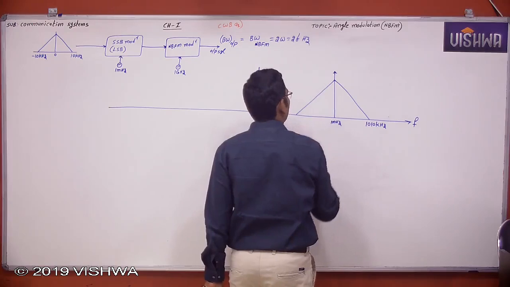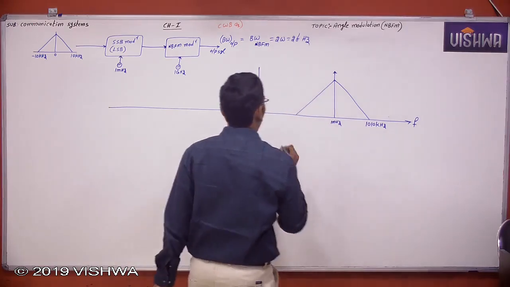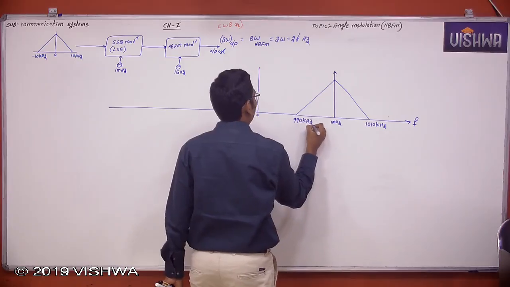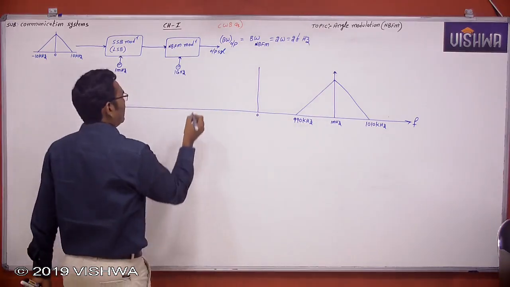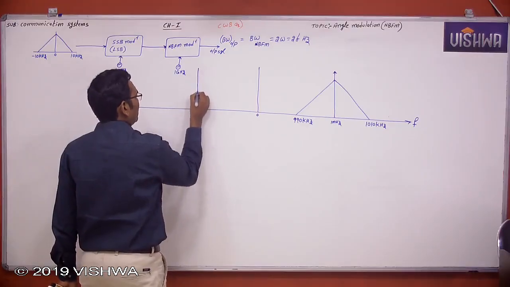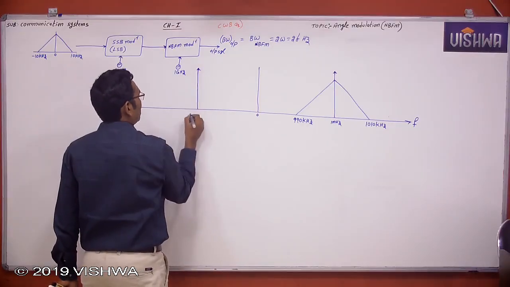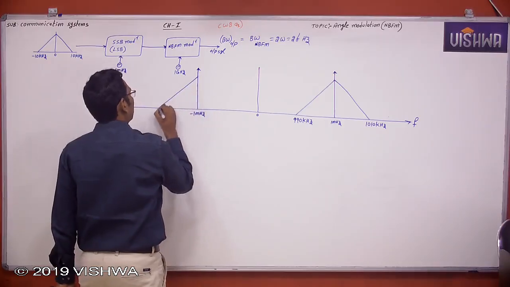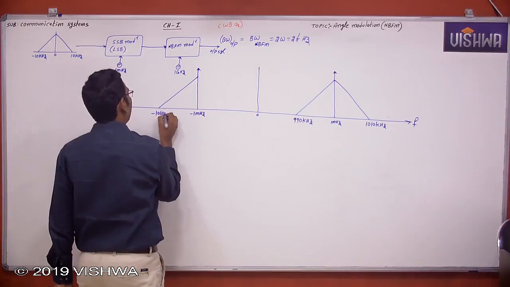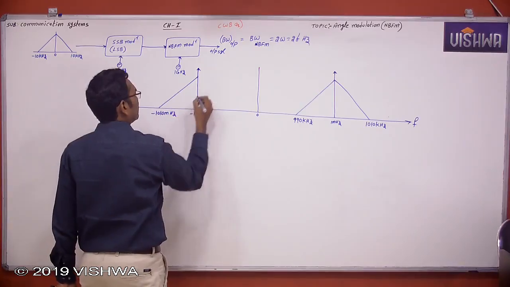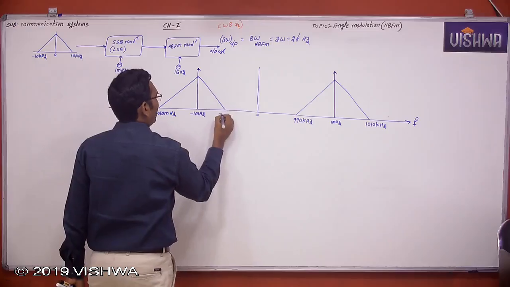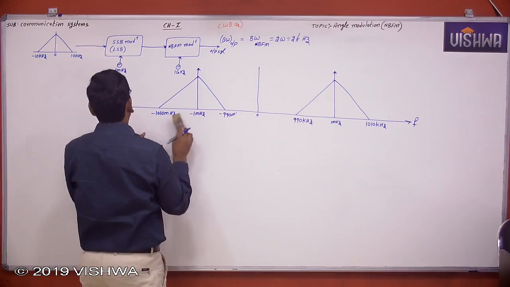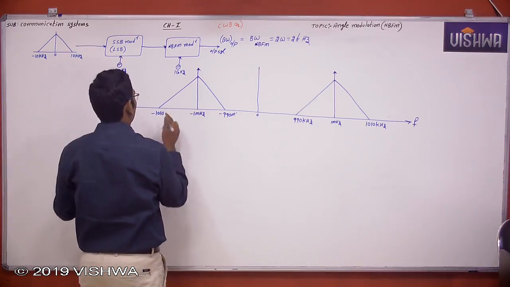Now 1010 minus 10 kHz is nothing but 990 kHz. That is for the right side, and for the left side it is minus 1 MHz, minus 1010 kHz, minus 990 kHz. Oh sorry, kilohertz.